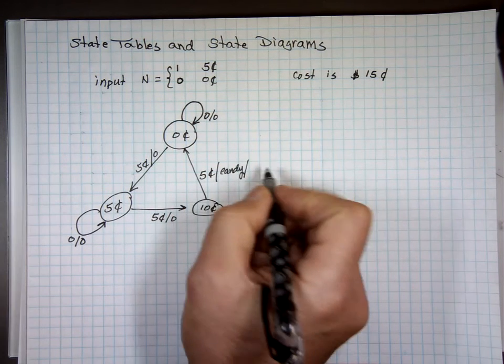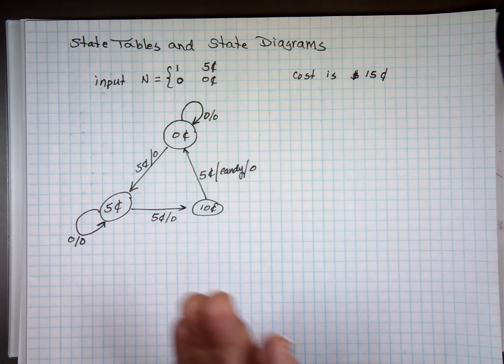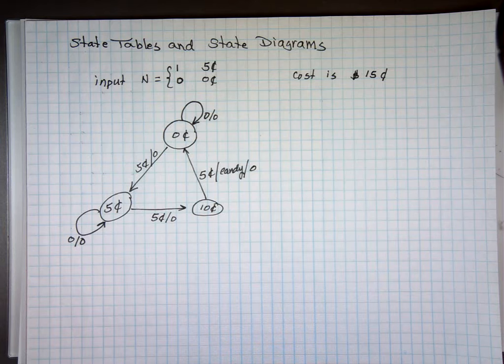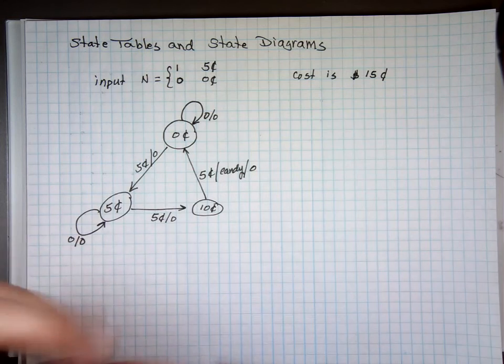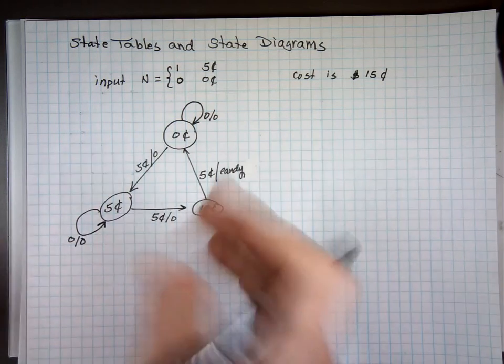And do you get change back? No. 0. Nothing. That's it. We're not doing any change back here. So now the machine resets itself. We can start with the next person.